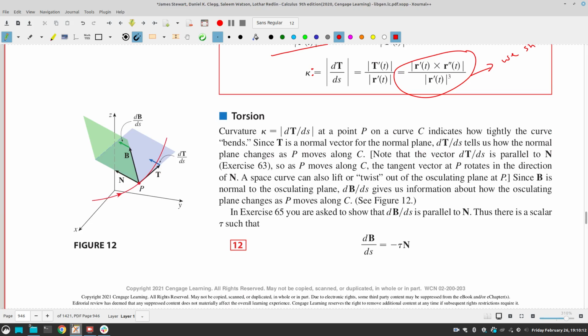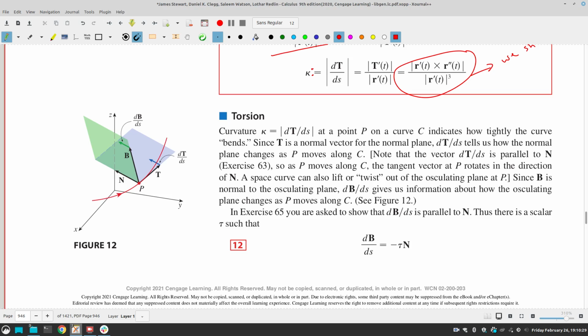Of course, curvature tells you how fast the tangent vector changes, meaning how much the curve bends.